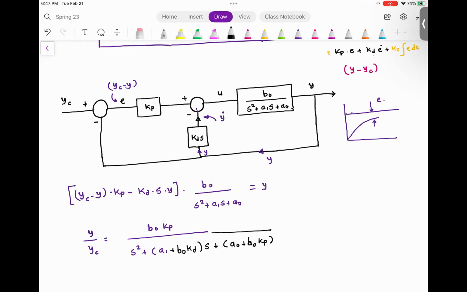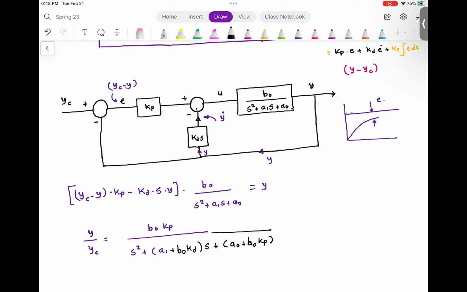So when you solve this transfer function, and write it as output divided by input, you are going to get a transfer function wherein you have the controller term KD and the controller term KP appearing in this equation. Now, please try to understand, if you have anything multiplying s, that is relating to the damping.